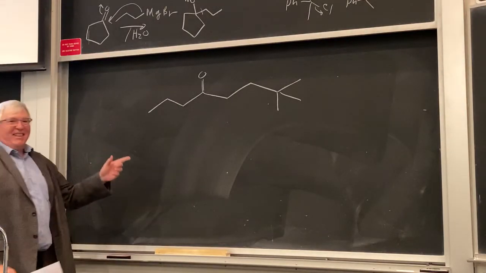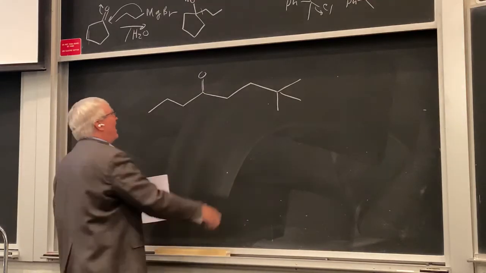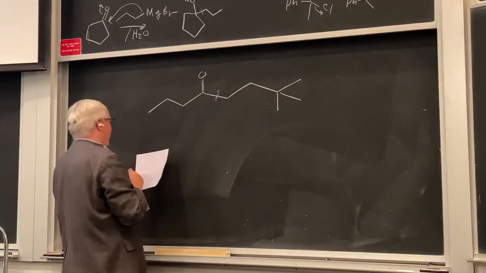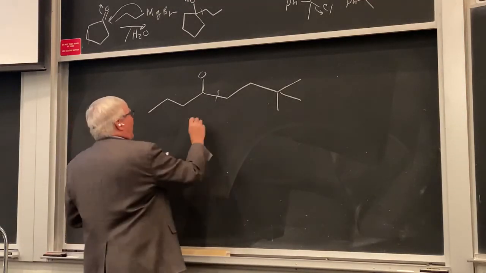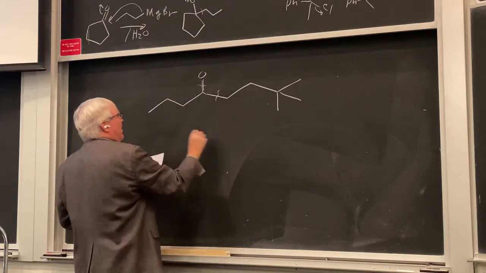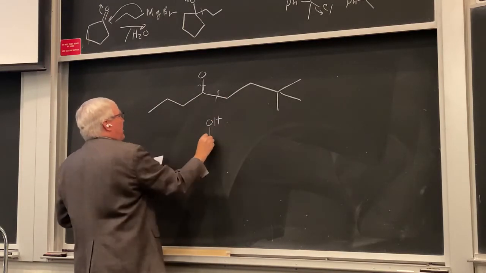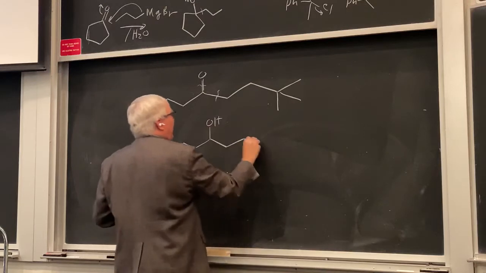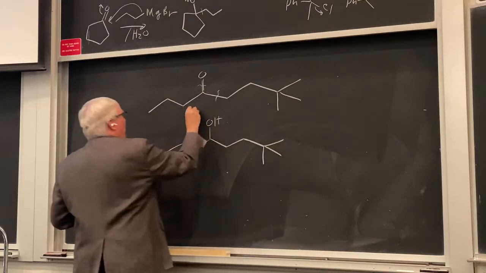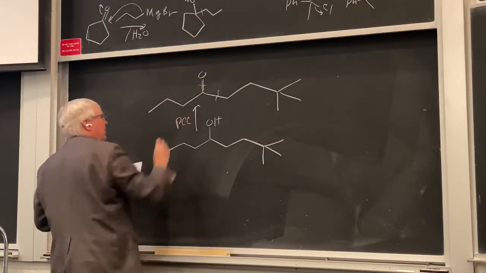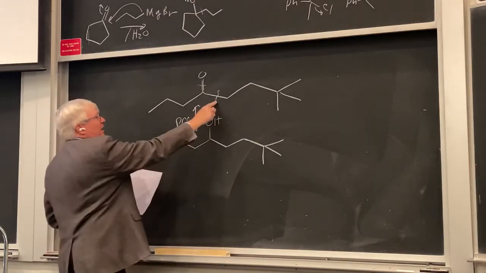Now we've got a ketone here with 2 different groups on the side. So where's our strategic bond? Well, how about right there, right? Well, first of all, how about that bond? Let's think about that because we can go back to the alcohol and then what? Oxidize with PCC, okay?